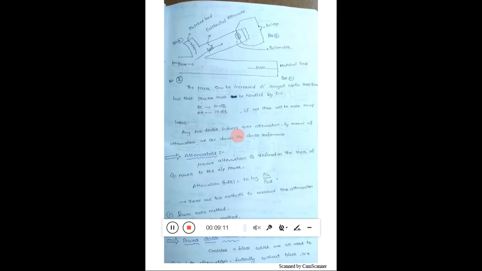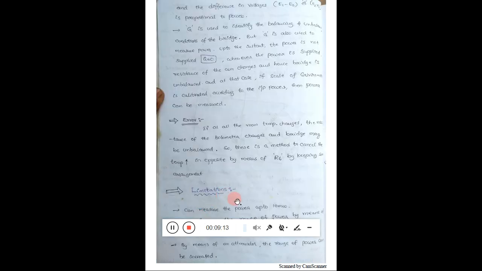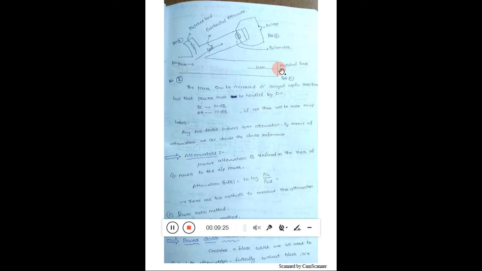But it has some limitation. The limitation is that we can measure only up to 10 milliwatts of power. If you want to increase the power measurement, then we can go through the directional coupler measurement method. This is the directional coupler. Ports 1 and 2 are the primary ports, and ports 3 and 4 are auxiliary ports. These two ports are isolated, but we have a coupling factor between 1 and 4 and between 2 and 3.